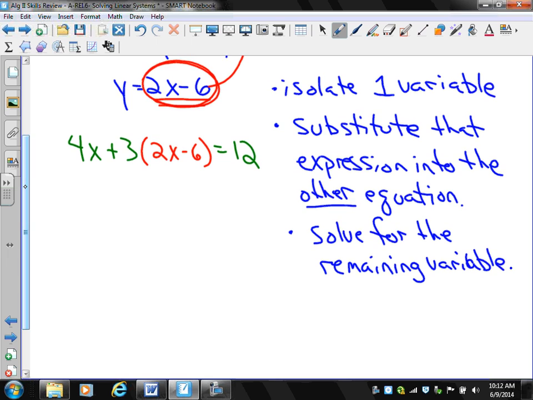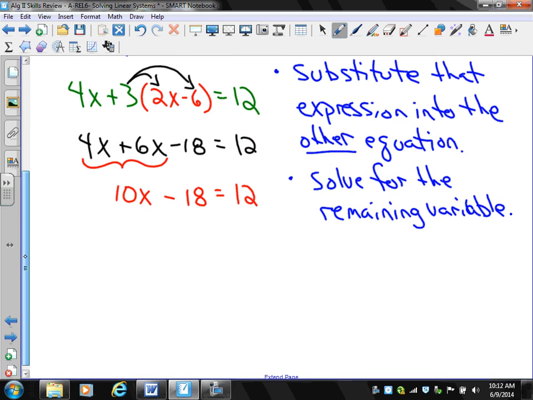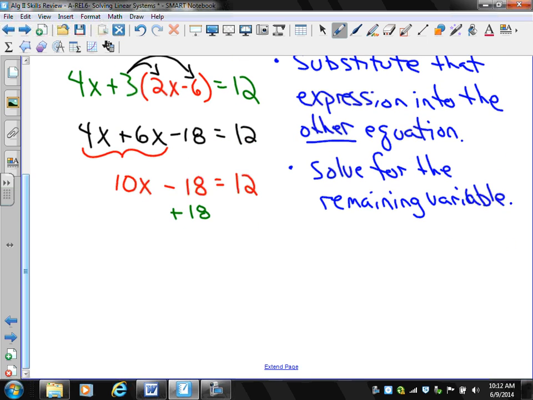I know I need to distribute here, and I get 4x plus 6x minus 18 equals 12. And I can combine some like terms. I can get 10x minus 18 equals 12. At some point, I need to add this 18. I should probably do it right about now, if you didn't do it already before you combine like terms. I get 10x equals 30.